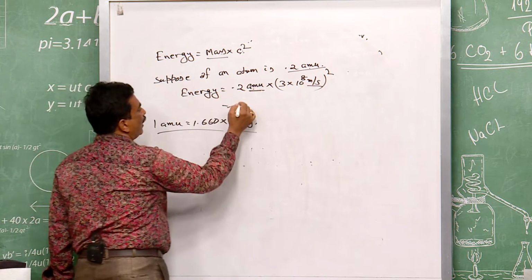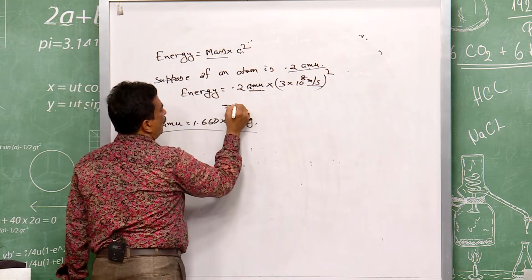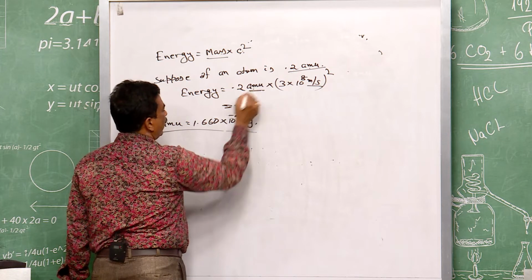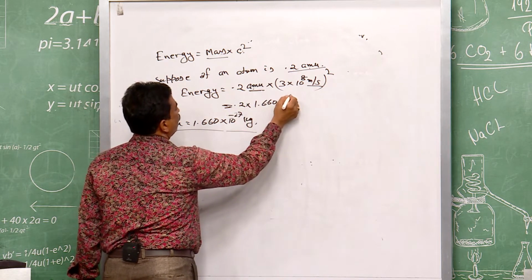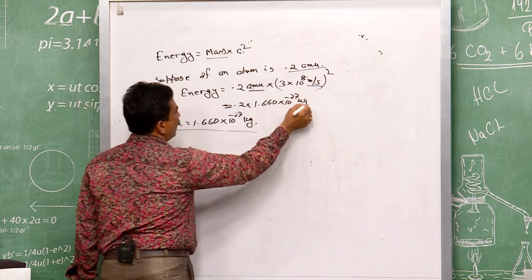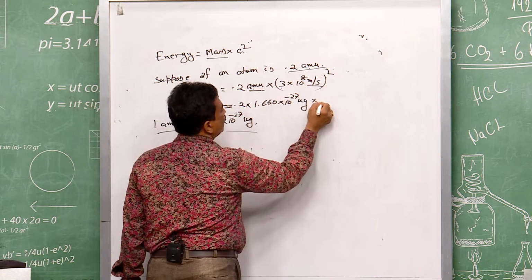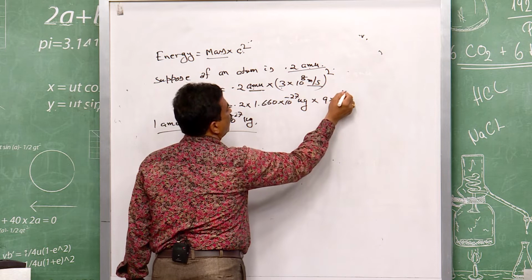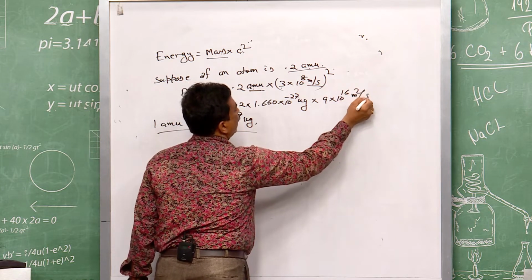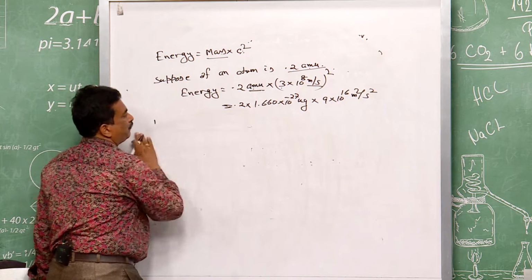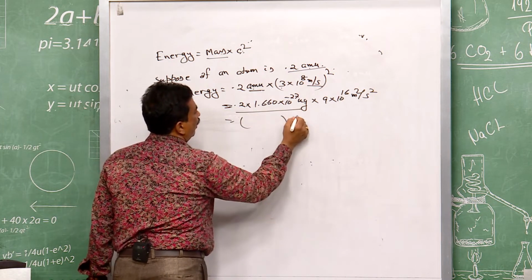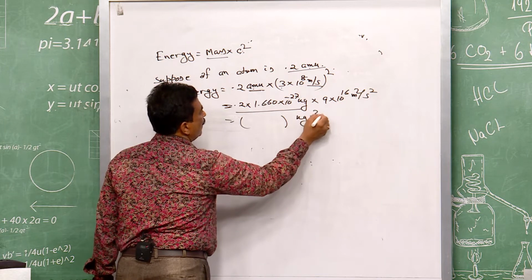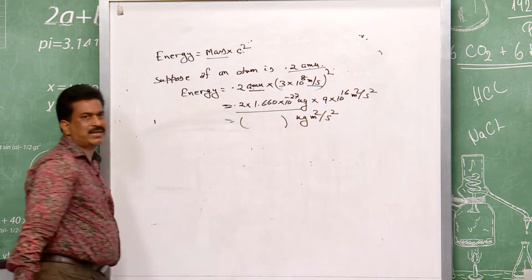So 0.2 amu means 0.2 into 1.660 into 10 to the power of minus 27 kg into this c square. This c square means 9 into 10 to the power of 16 meter square by second square. So these two are multiplied, giving a value in kg meter square by second square.